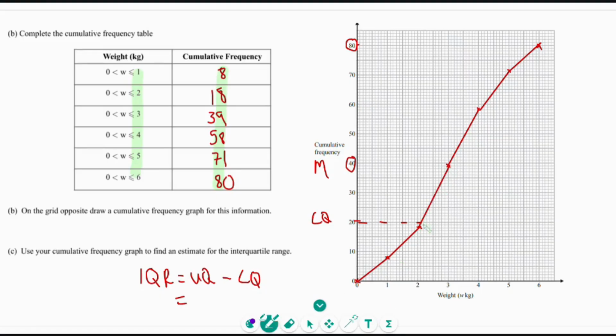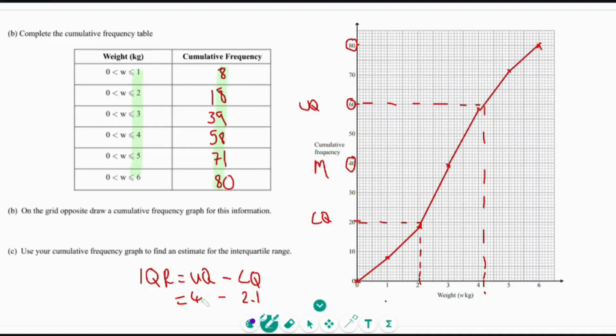No, it wasn't too bad. Across and down gives me 2.1. And the upper quartile will be at 60, which would be 4.2. 4.2 minus 2.1, 2.1.